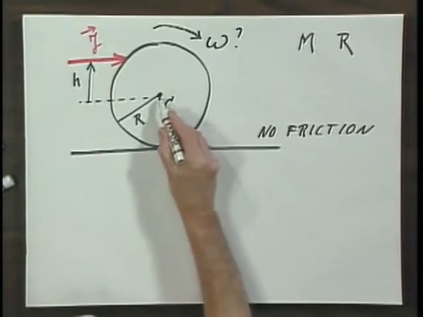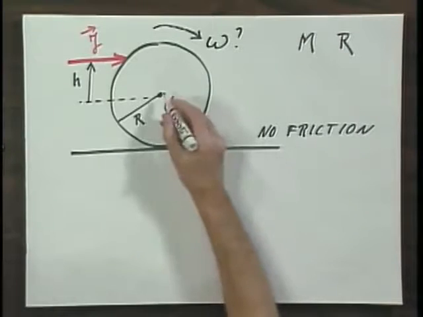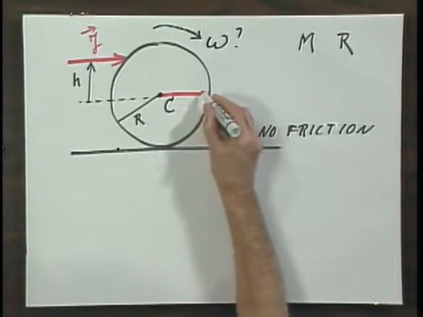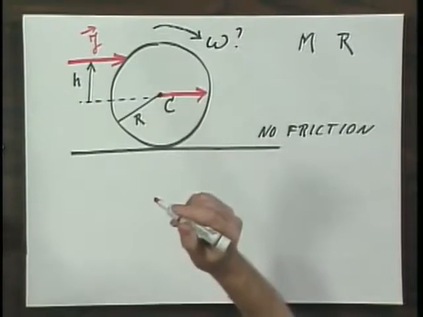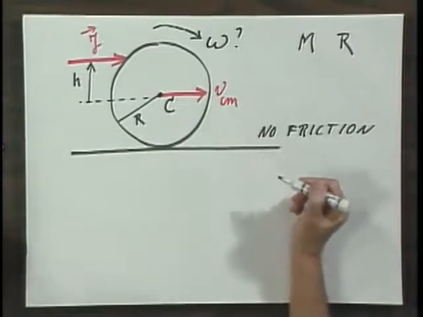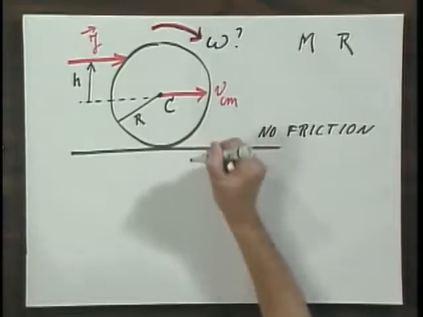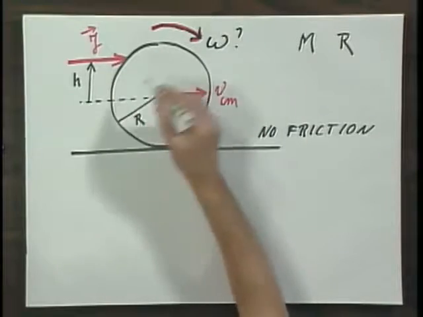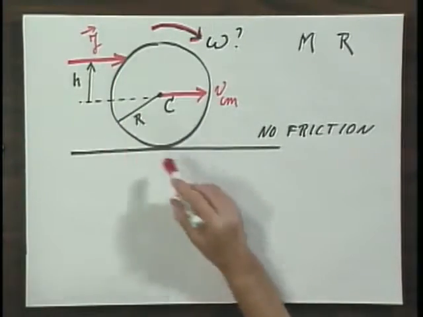And you also want to know what is the velocity of the center of mass itself. Before the impulse, the ball is at rest, and after the impulse, the center of mass will have a velocity v center of mass, and there will be a clockwise rotation, or a counterclockwise rotation, depending upon where you apply this impulse.